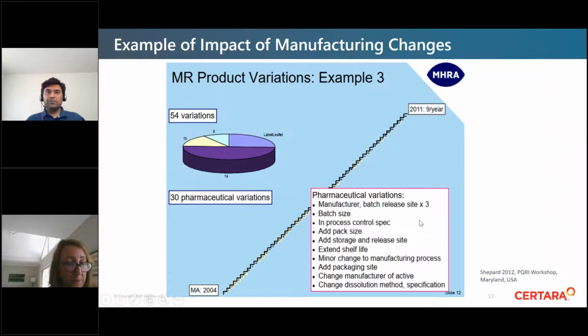The sponsor believed the facilities were identical. The agency basically questioned that and asked for a bioequivalence study to demonstrate that the product would be exactly the same from one to the other.